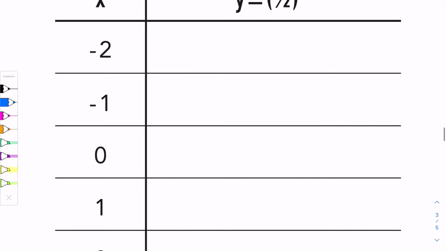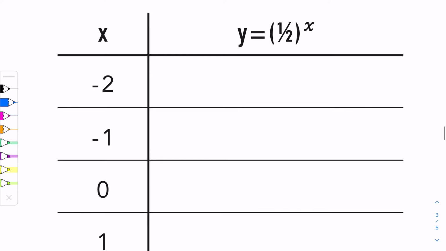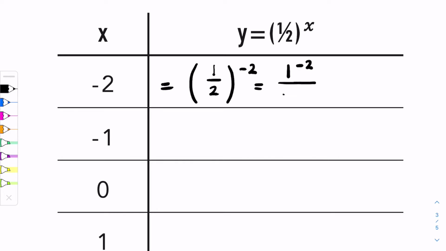So we need to test our 5 key points for this new parent function. We're going to start by testing -2. When I substitute -2 into this function, I have 1/2 in parentheses raised to the power of -2. When you have a fraction and an exponent, both the numerator and the denominator receive the exponent.